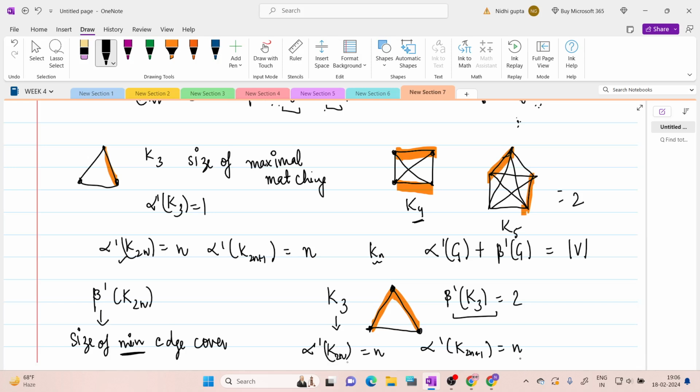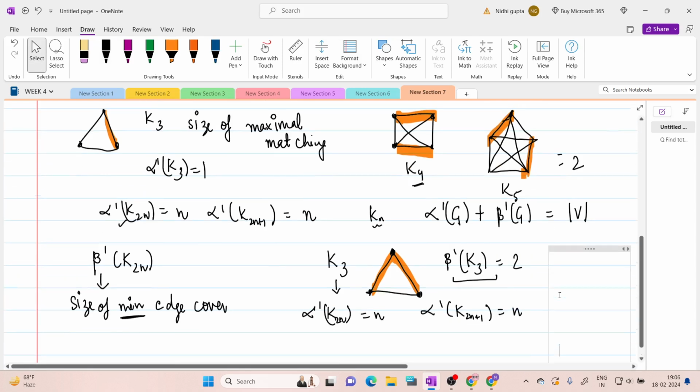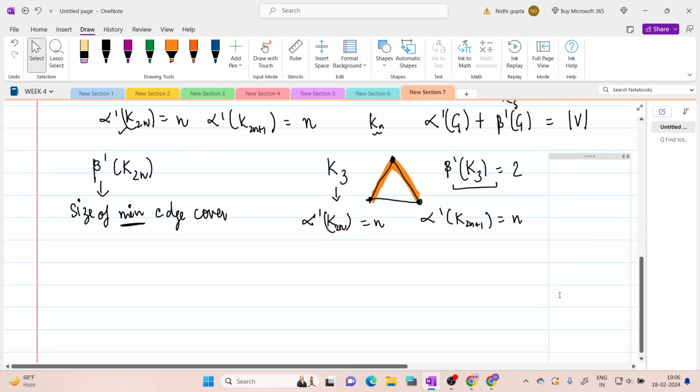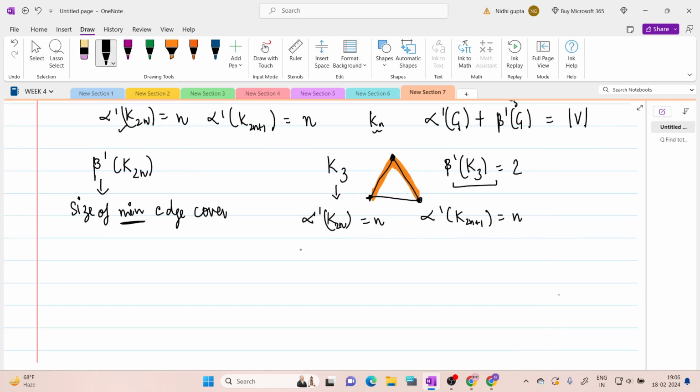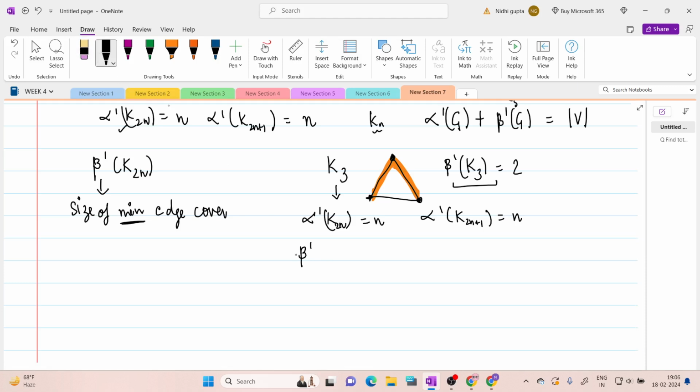So can we find beta dash directly? It is cardinality of V minus n. What is the cardinality of vertices of K2n? So what is beta dash of K2n? N, yes, because we have 2n vertices.